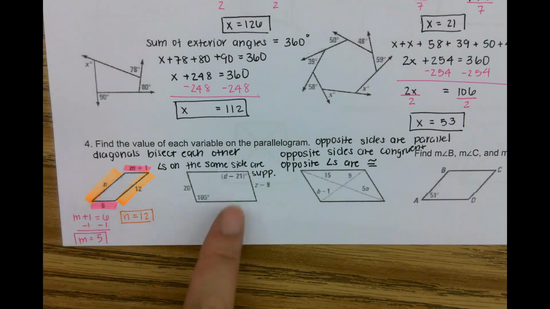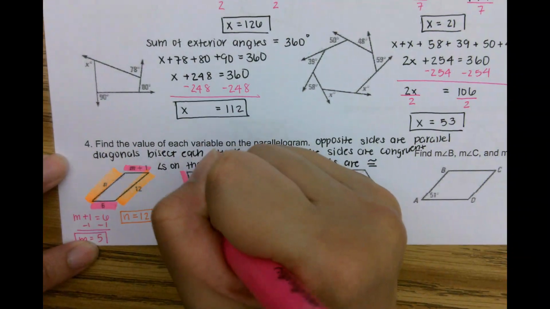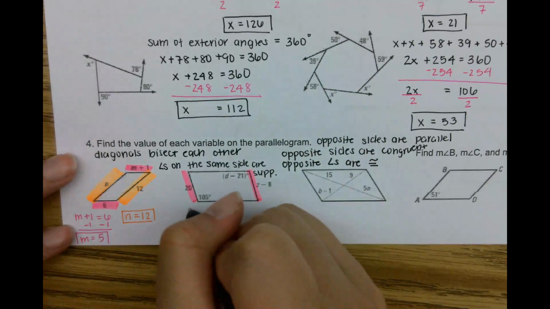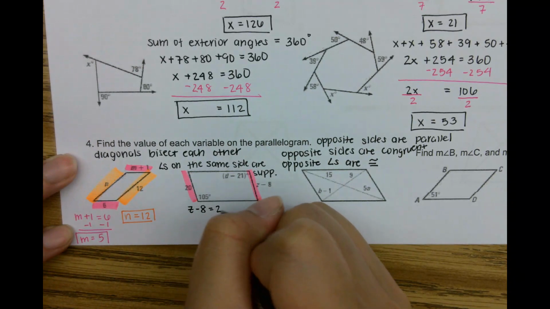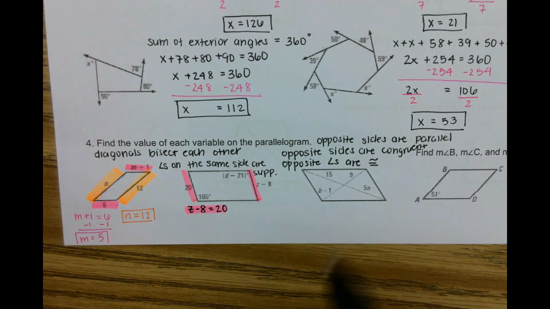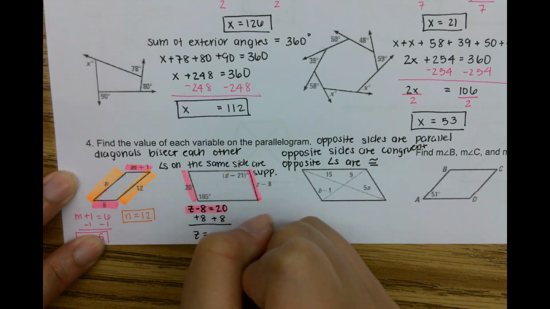Next one here, again, opposite sides are congruent, so that means the 20 and the z minus 8 are equal to each other. So z minus 8 equals 20. Add 8 on both sides. z equals 28.